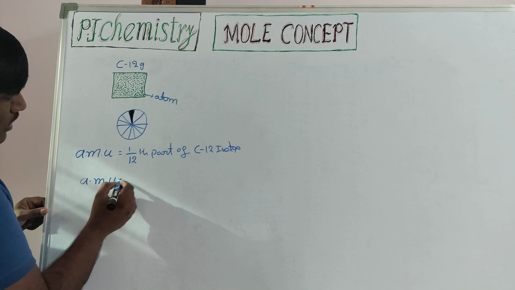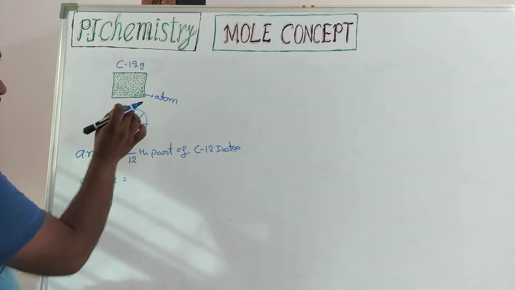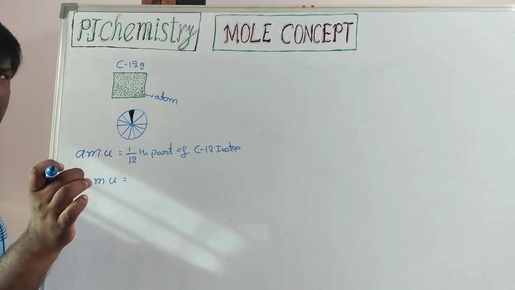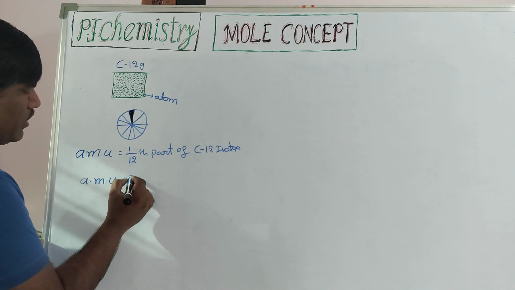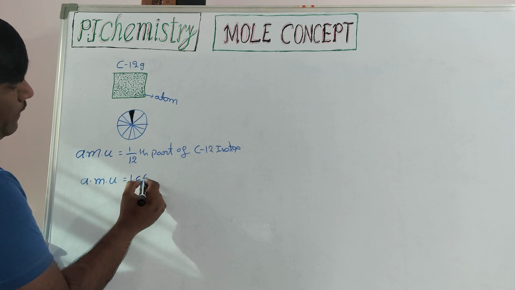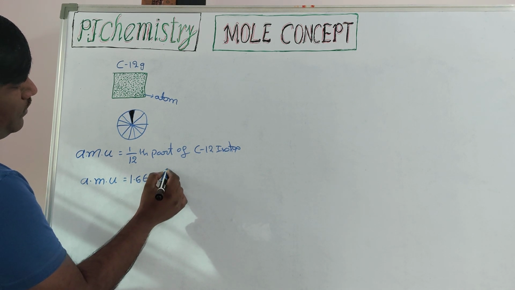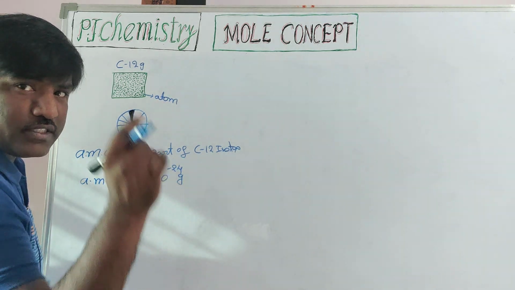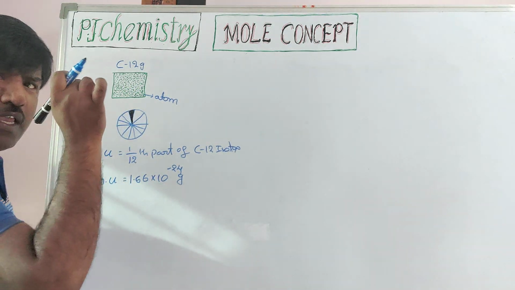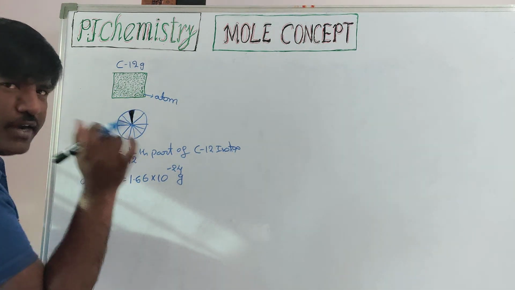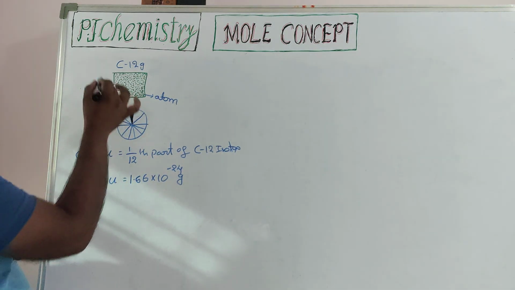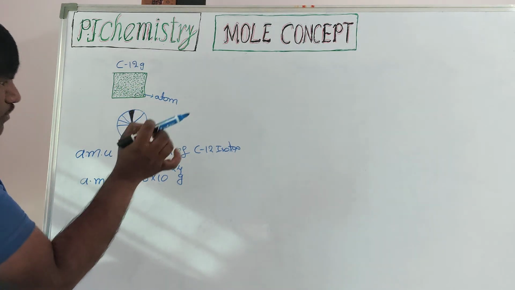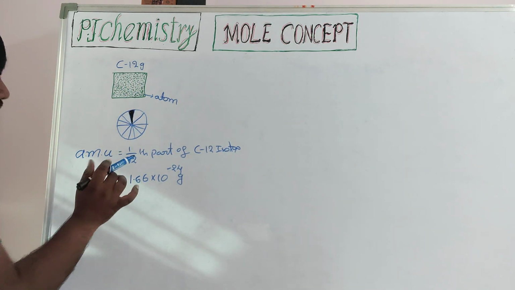AMU, atomic mass unit, one small unit value, how much we discussed? Every unit has a fixed value of 1.66 into 10 to the power of minus 24 grams. Remember, children, all this we are discussing for one small atom. Many atoms are there in this element, but we are discussing only one small atom, one particle.